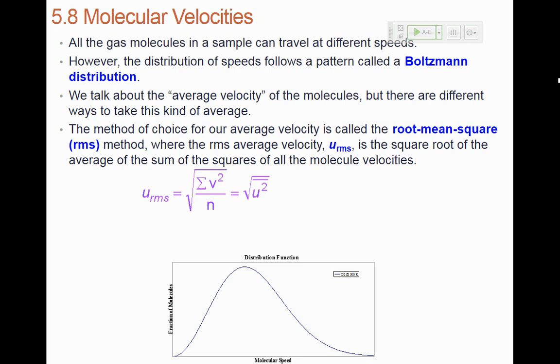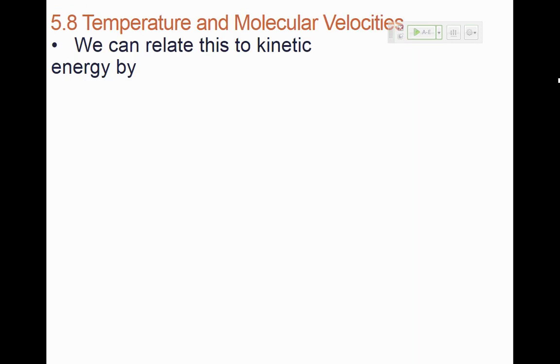So remember, this is the sum of v squared over n. So u squared is the average of the squares of the particles. We're going to get more into this. Don't worry, I'm not just going to show you an equation and that's it.